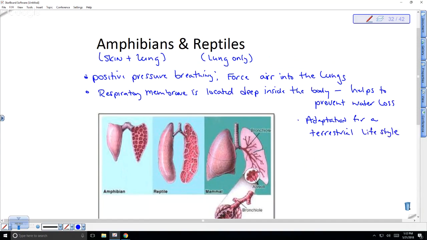Now, when we look at the aquatic mammals, they still breathe air, okay? So we'll put aquatic mammals still breathe air. Kind of as an aside here. So this would include like whales and dolphins, for example.